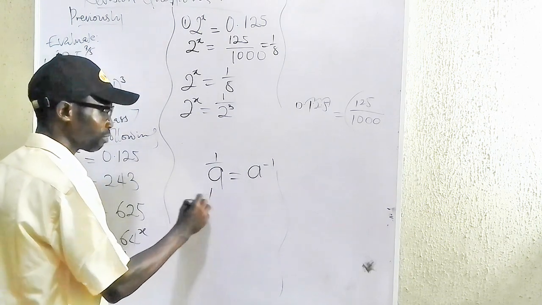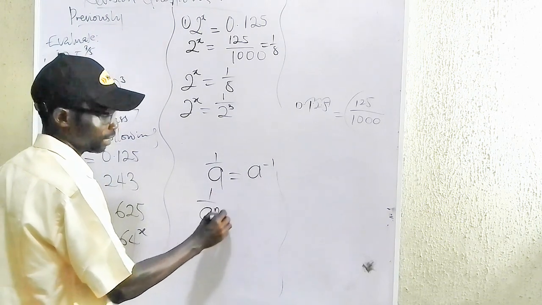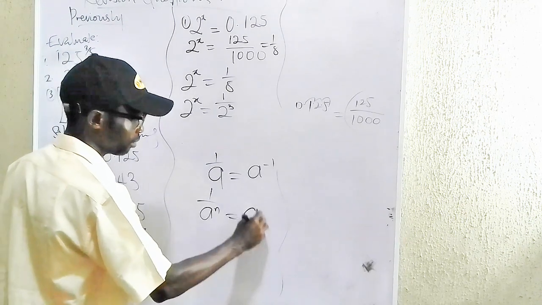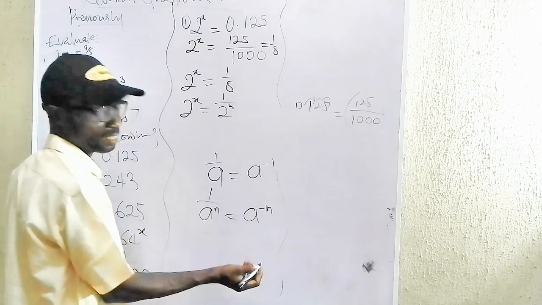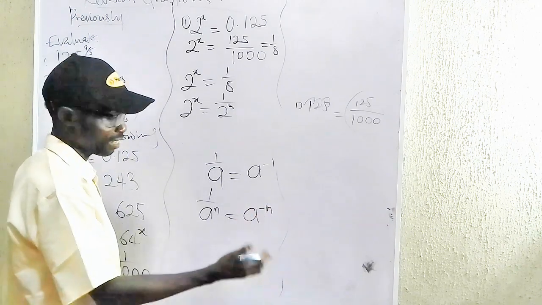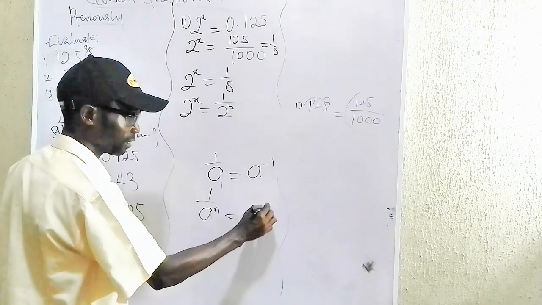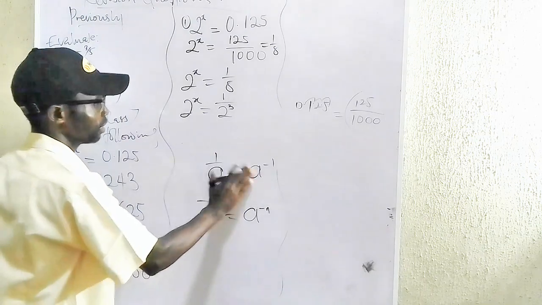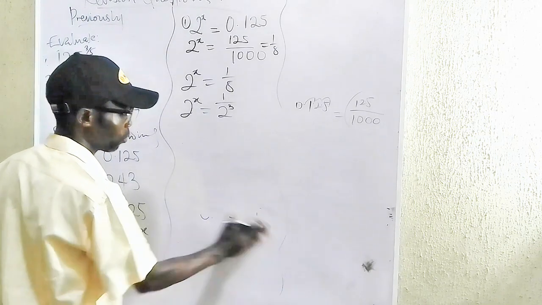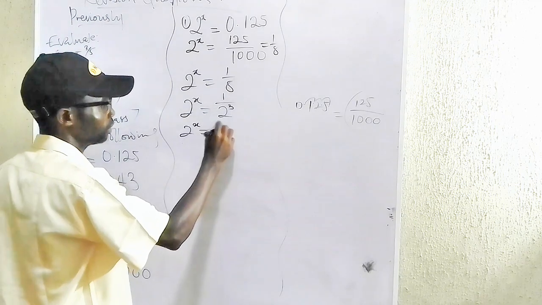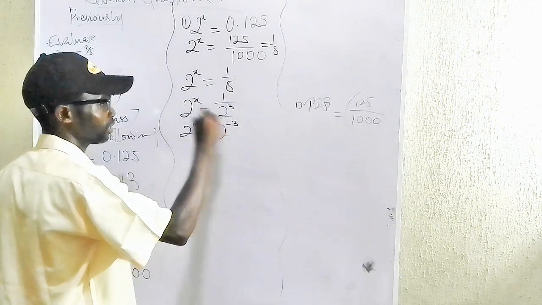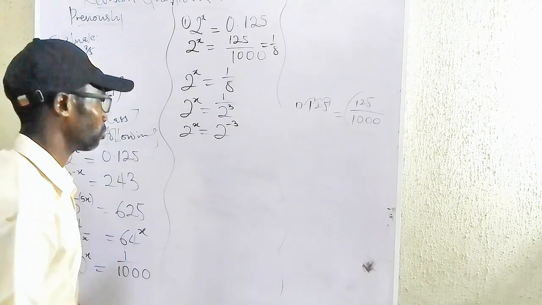So 1 over a raised to the power of n means a raised to the power of minus n. So bringing it here, 2 raised to the power of x is equal to 2 raised to the power of minus 3.